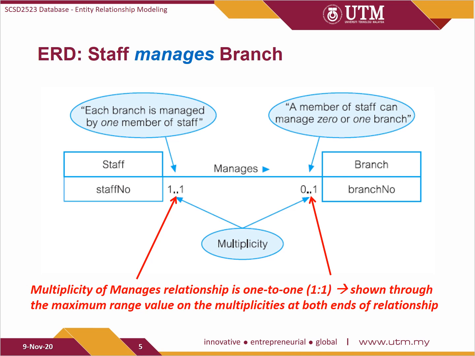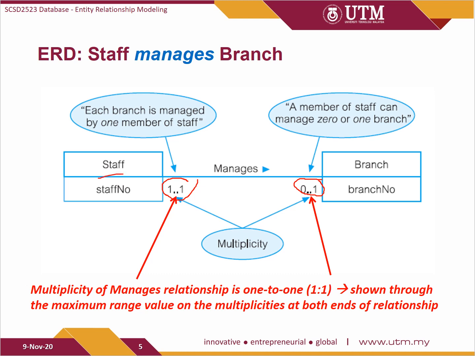In diagrammatic view, this is how it can be represented. As you can see here, to represent that a member of staff can manage 0 or 1 branch, we place 0..1 beside the Branch entity, and to represent that a branch always has 1 manager, we place 1..1 beside the Staff entity.